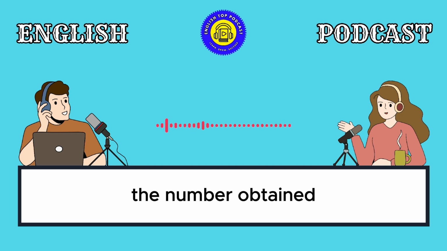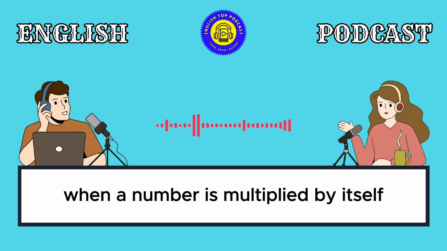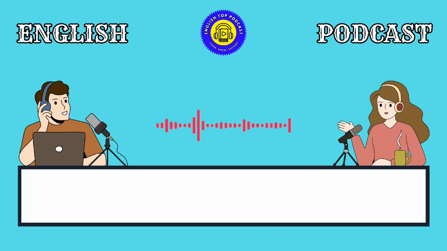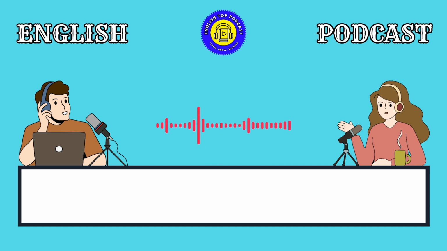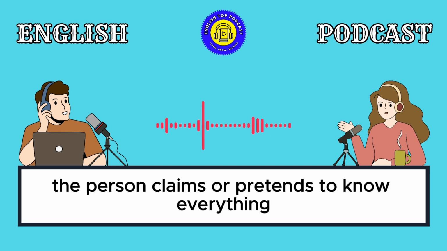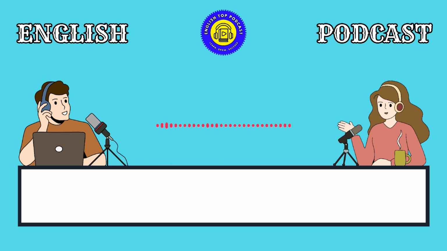The number obtained when a number is multiplied by itself. Square root. I think something is likely to happen. I'll bet. The person claims or pretends to know everything. Know it all.